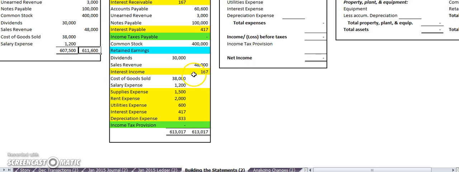And 613,017. And so we have a balance sheet that balances. Okay. And now the next step, I'll continue in the next video, okay?